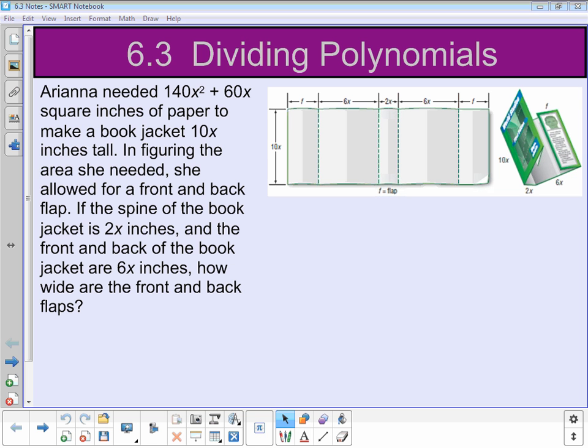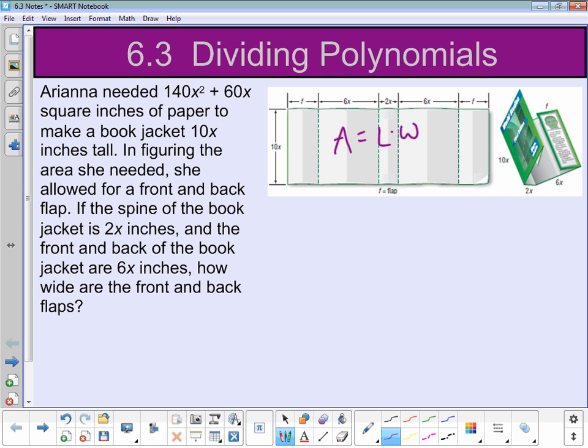So basically, we know that area is equal to length times width. We also know that the area is 140x squared plus 60x. We know that the width is 10x inches long, and we know that all of this is equal to the length.